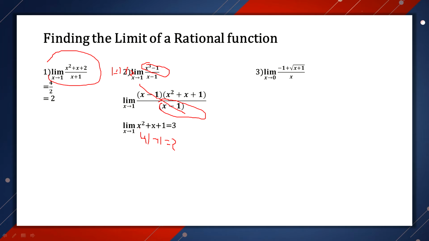The third question is the limit when x equals 0, and here is a function, and we use a special method like this. The result of this function is 1, so it's okay to multiply by this value, but the thing that is special is here.